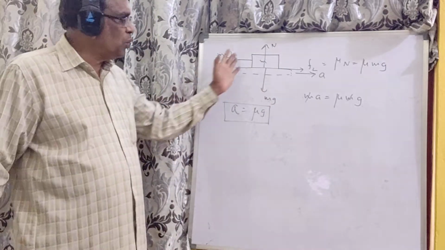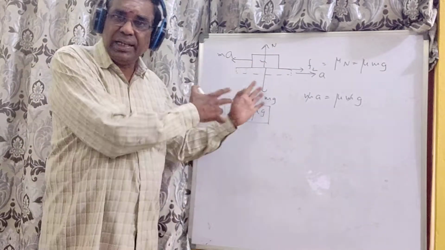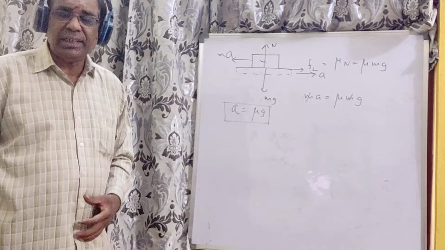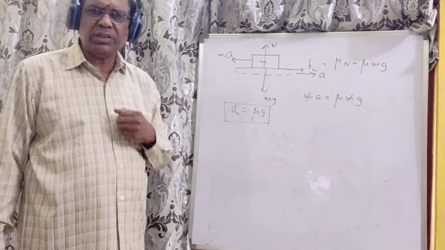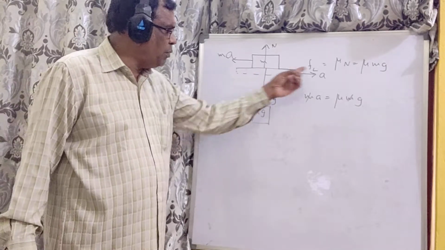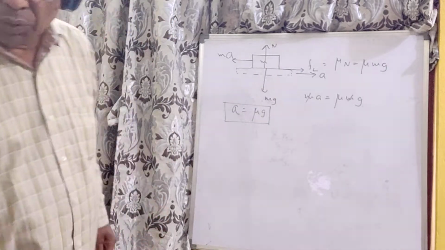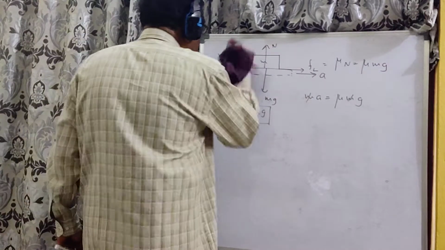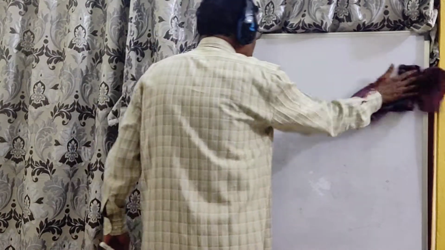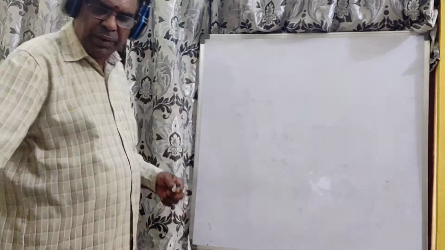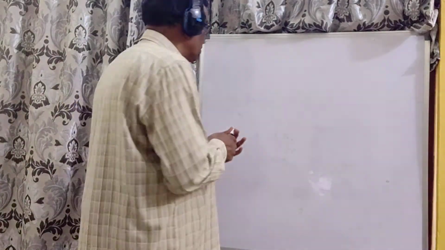First of all, I want to go through all those cases of static frictional force that I have worked out. I'm now going to do those things first and then come back to the two body system later, because that requires special attention from all of you.